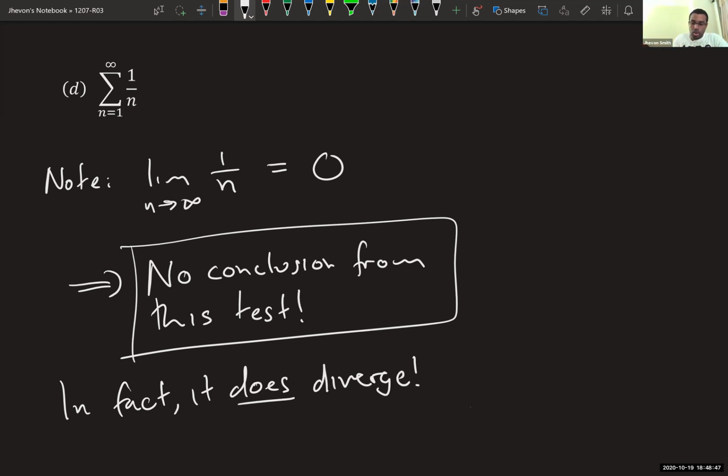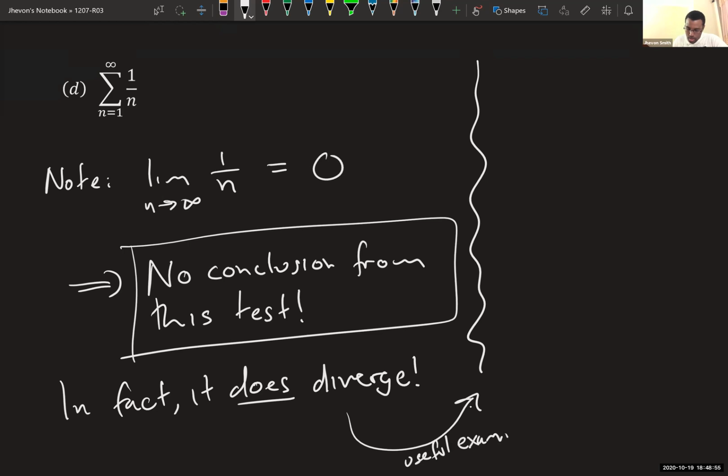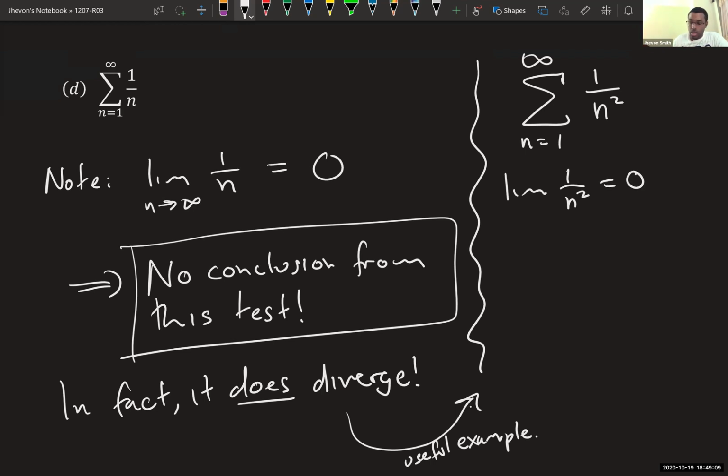But I do want to point out a useful example as well. Like if I had 1 over n squared, the limit of 1 over n squared is also 0, but this actually does converge.